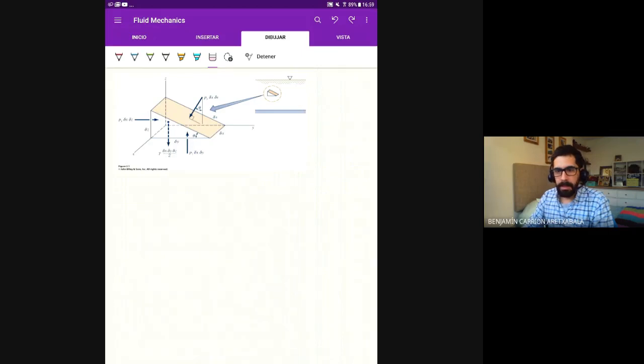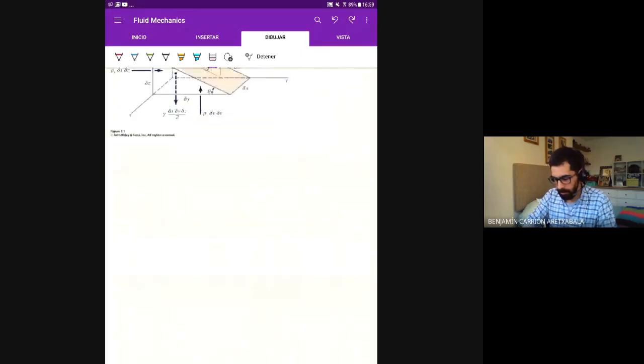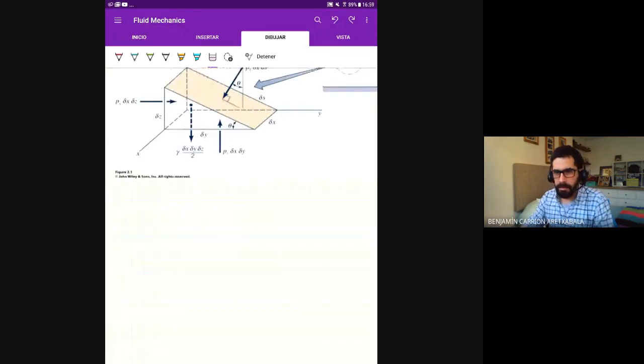So you should be able to see my notebook, right? Is it better if I put it landscape, or do you see it well enough? I'm gonna assume you can see it. Okay.